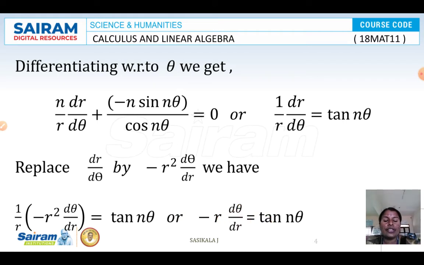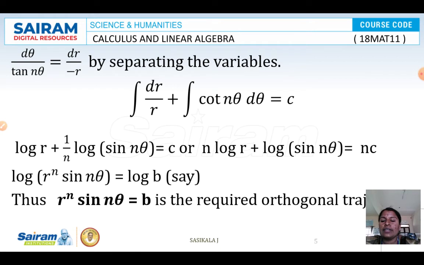Now we need to find a solution, by using the variable separable method. Take tan n theta to the left side and r dr to the right side. So we have d theta by tan n theta is equal to dr by minus r.